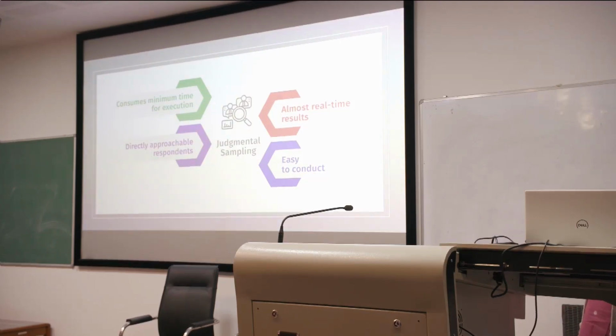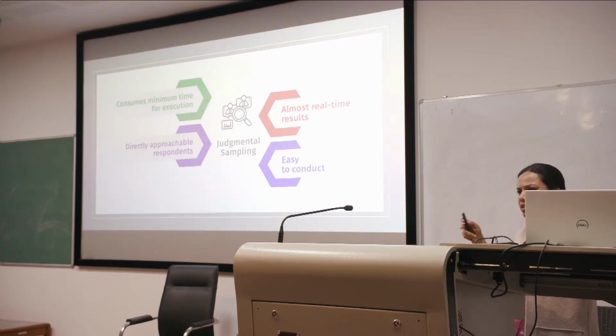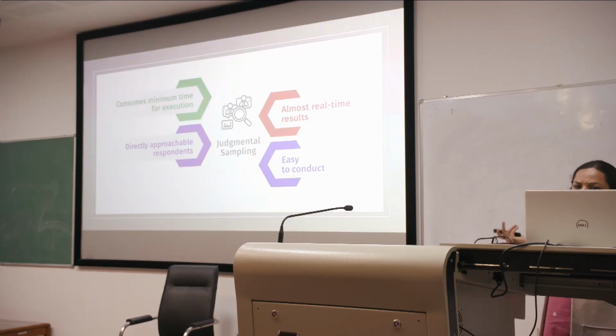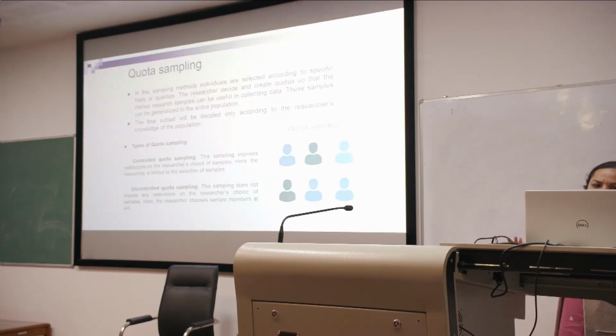It consumes minimum time. All non-probability sampling is more or less similar in advantages: we can do it early, it is directly approachable, gives real time results, and is easy to conduct.